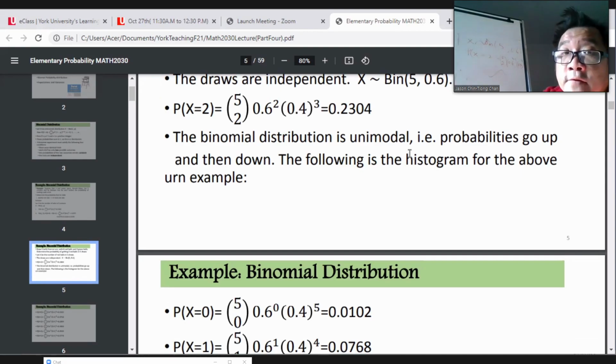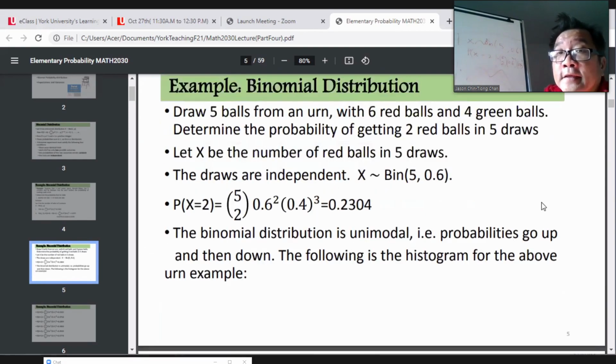You can do all the calculations. You can try and change it to 6, and then you're going to get something like going up and going down. So the highest peak, we can only get 1. That's why it's called unimodal.